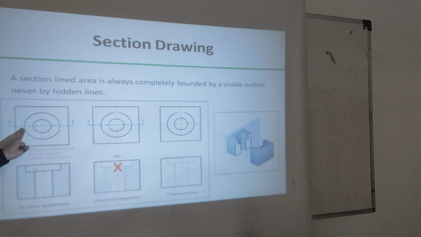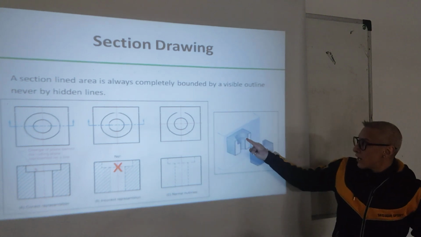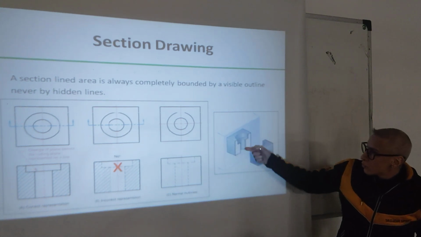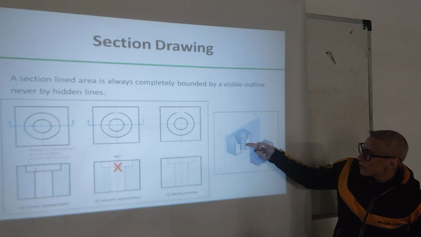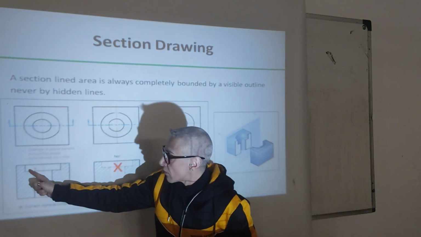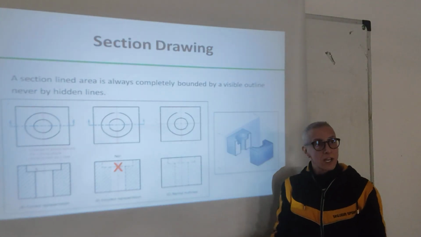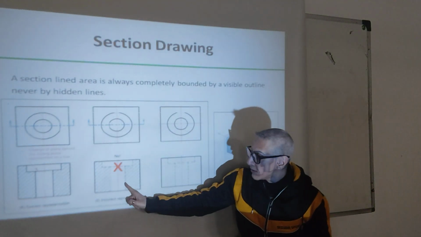Notice how these two holes, we can see one hole and a second hole. Do you see these lines here? These lines are shown as what? Object lines. So we can see a heavy black line, not hidden lines.